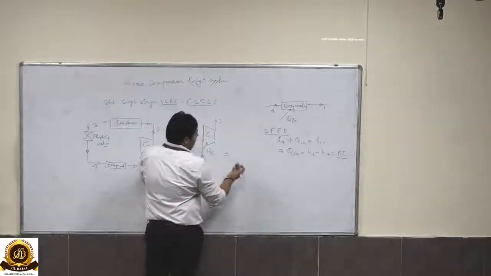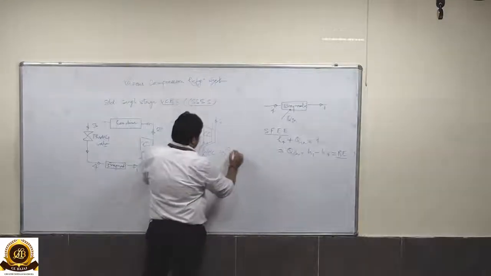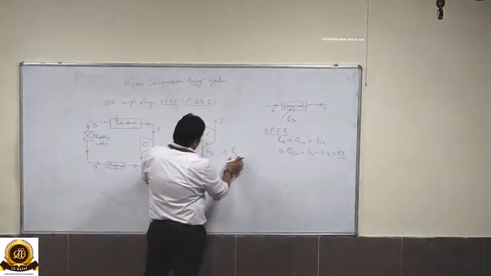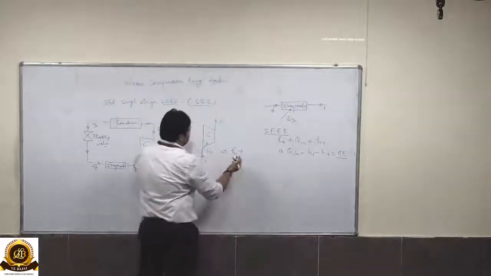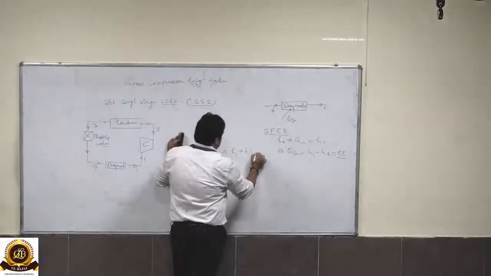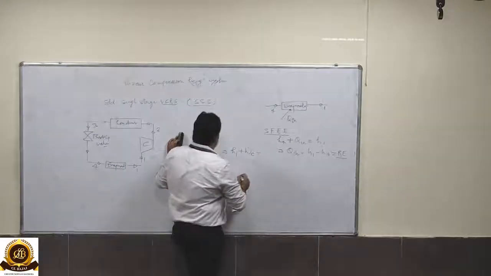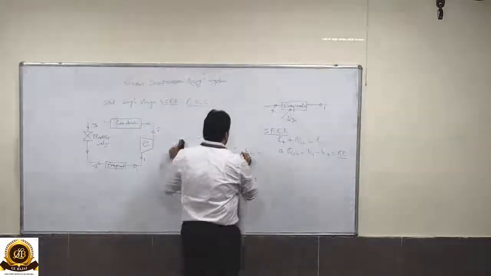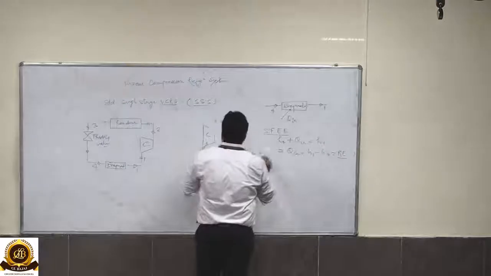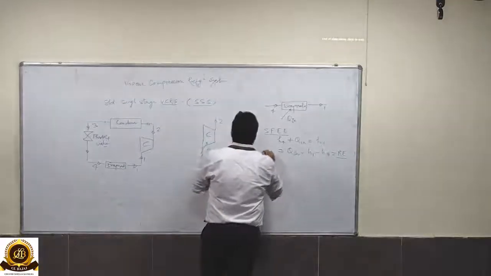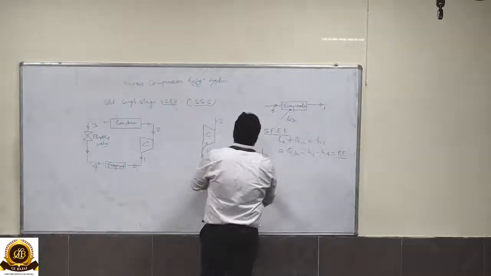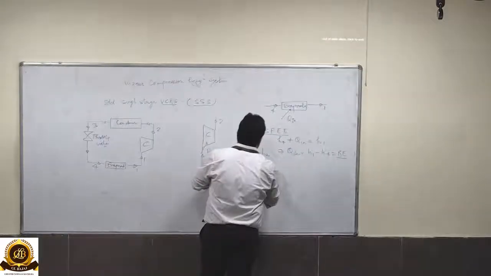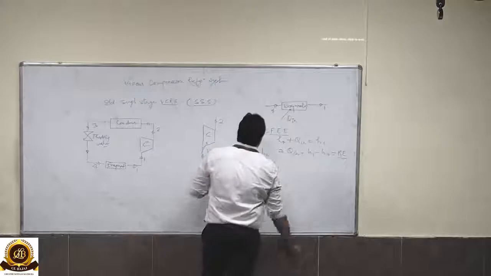So if we write the steady flow energy equation, H1, the enthalpy at point 1, plus, since the work is given as input, WC is equal to H2. The work of compressor is represented as H2 minus H1.